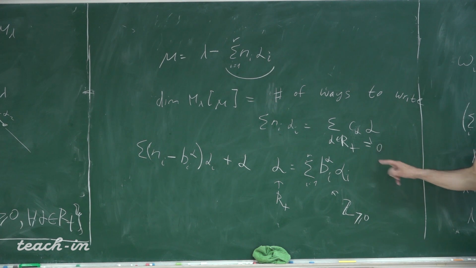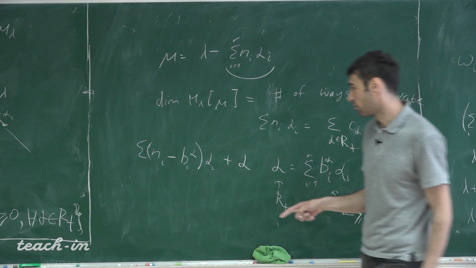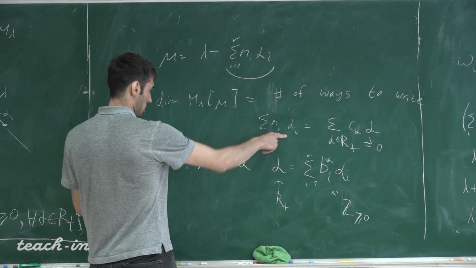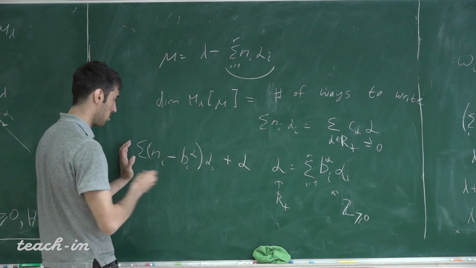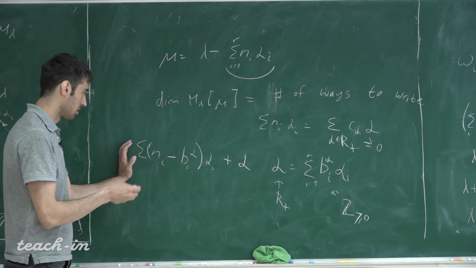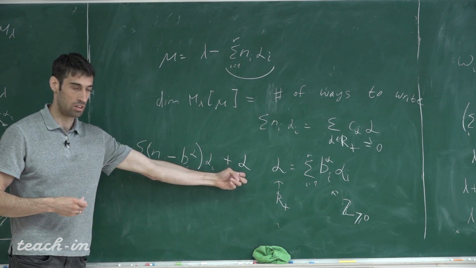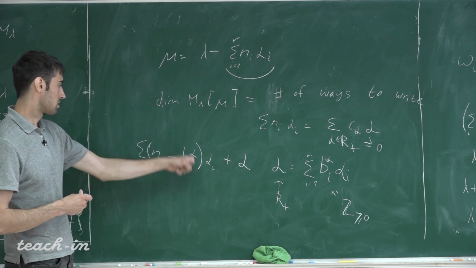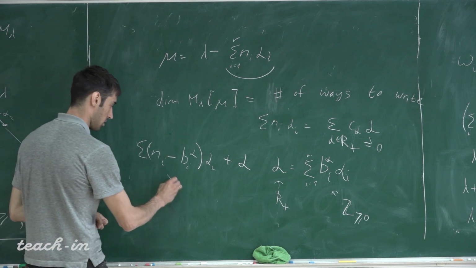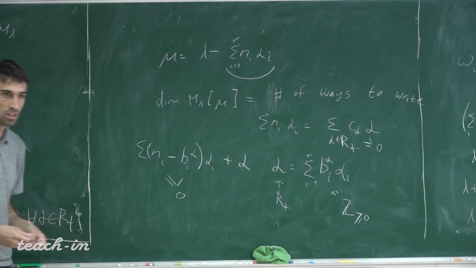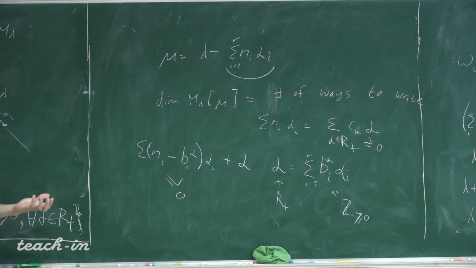Because I go from the highest weight downwards, right? Therefore, starting with this, I can apply this operation, extracting a positive root. Once these numbers are positive, there's only a finite number of ways to do that.